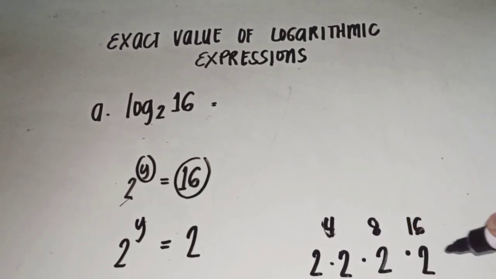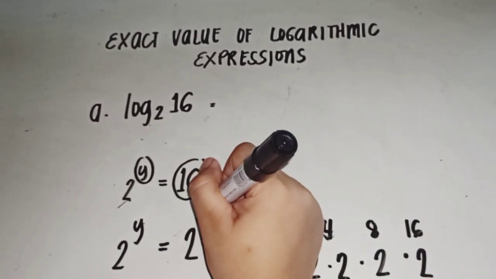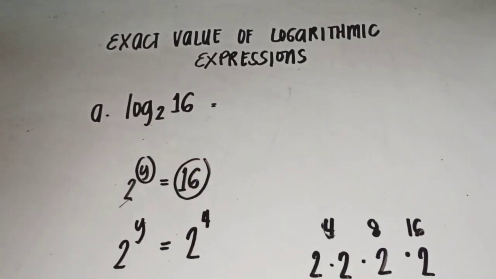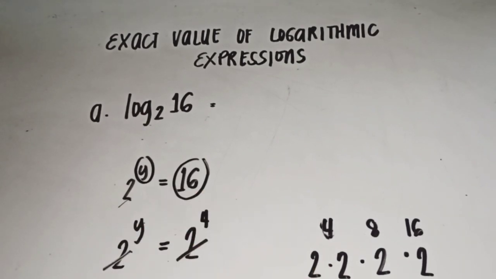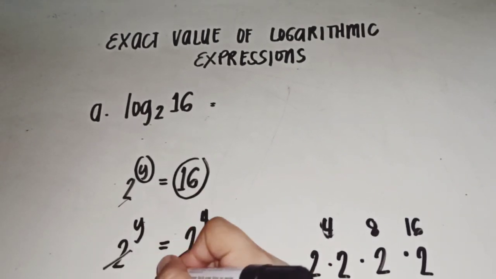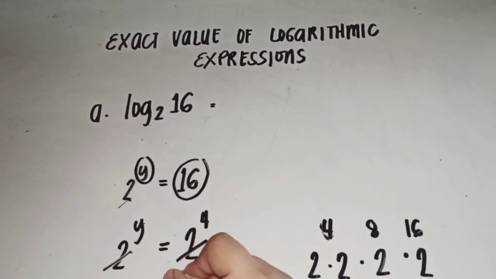So 1, 2, 3, 4. 2 raised to 4. Now we can cancel our base. We will yield the answer y is equal to 4.